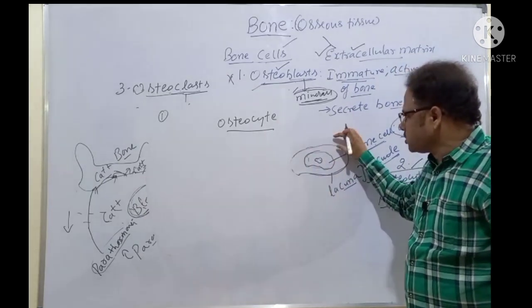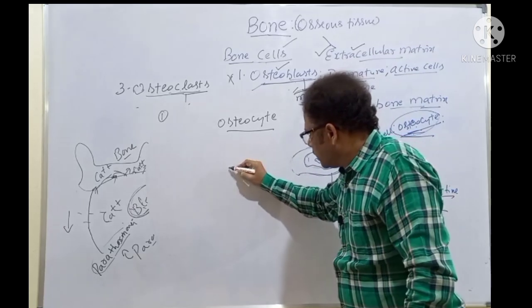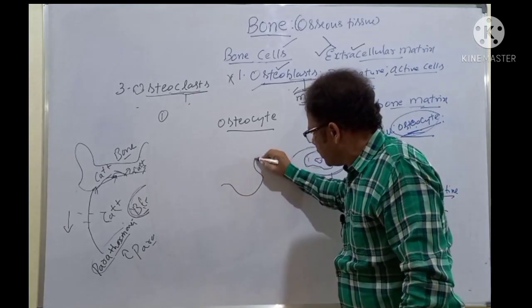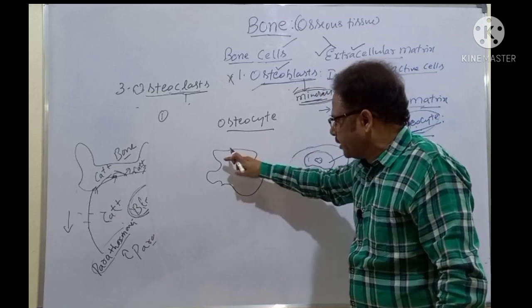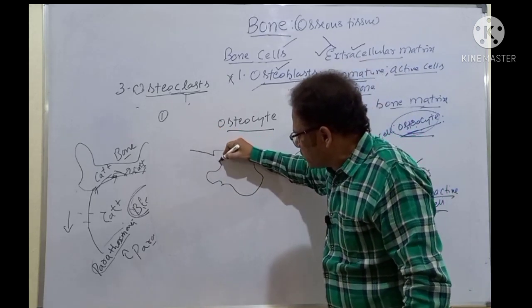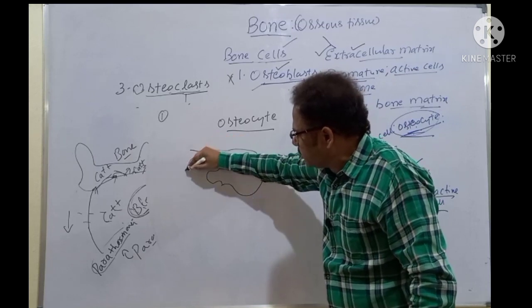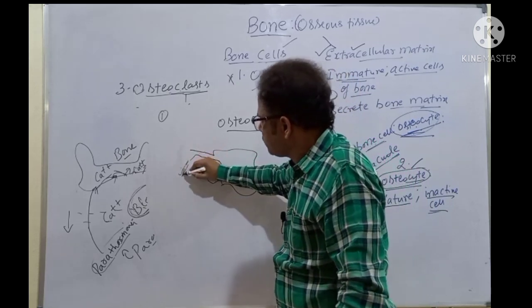I'm drawing here. Each lacuna contains only one osteocyte. So here is an irregular shape, just like an amoeba. There is no regular shape here. That is an osteocyte, and it contains cytoplasmic processes. The cytoplasm extends like this.